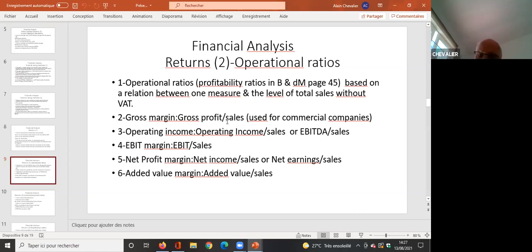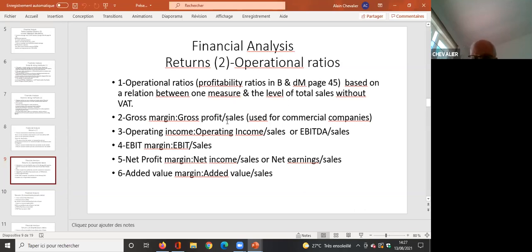So this is very often used, and we will see also in the evaluation course that today, when you use multiples, EBITDA is more used than net earnings, just because it gives a good idea of the real margin of the operations.